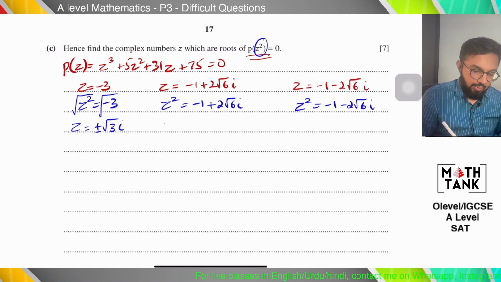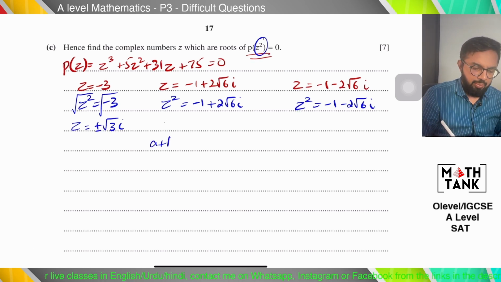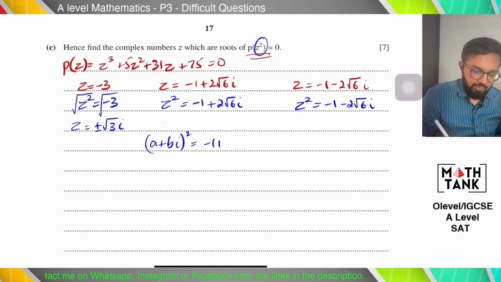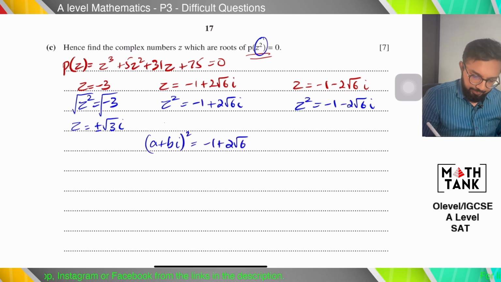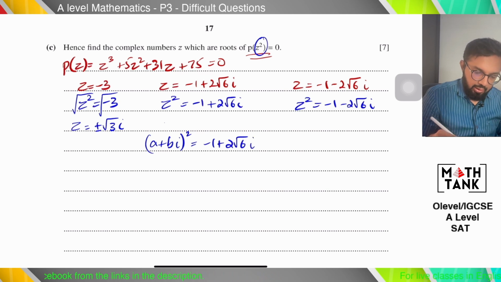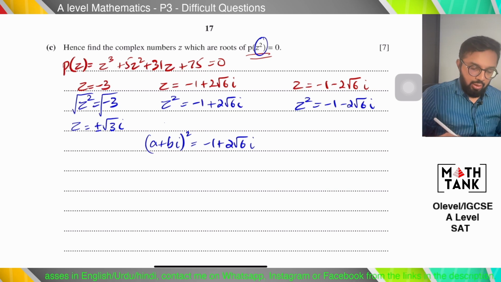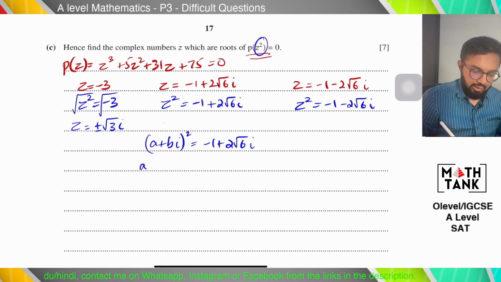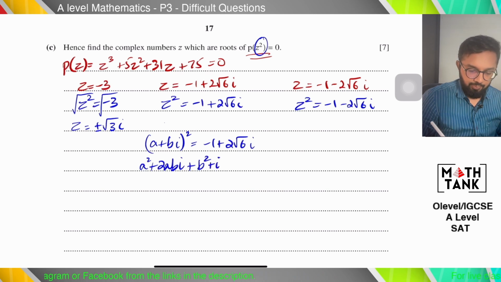Then if I want to root this, I know that the root of a complex number cannot be obtained directly. I will have to do this: a plus bi whole square equals minus 1 plus 2 root 6i. In order to solve for z, I'm going to say that a square plus 2abi plus b square i square should equal minus 1 plus 2 root 6i.